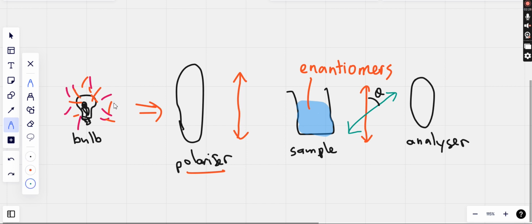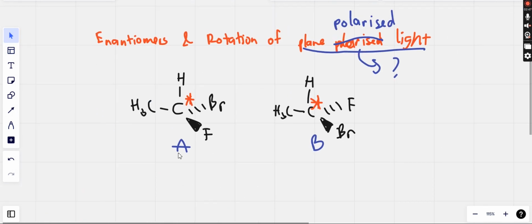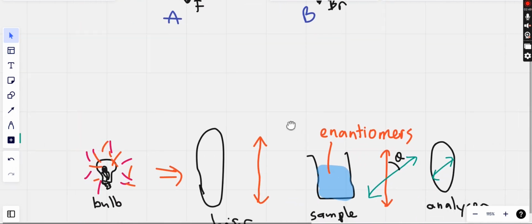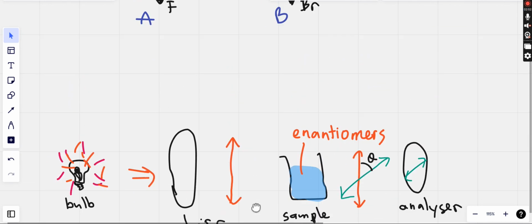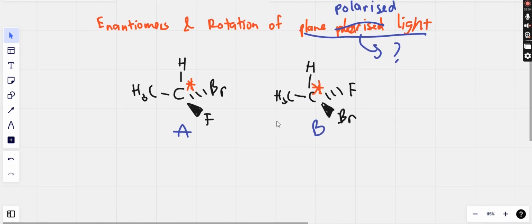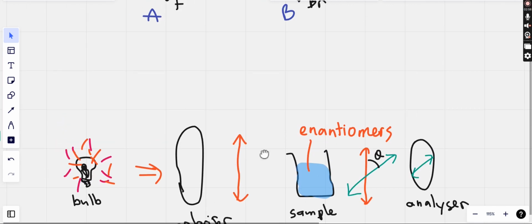After it is rotated, it hits the analyzer, and the analyzer will be able to detect what theta is, how many degrees the light has been rotated. Different molecules have different optical rotation, standard rotation.